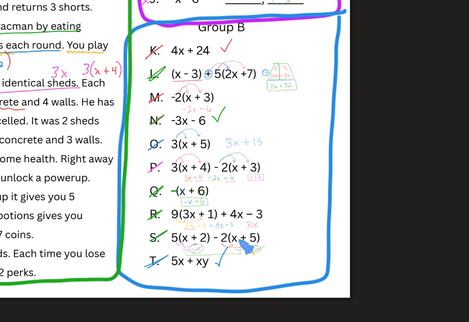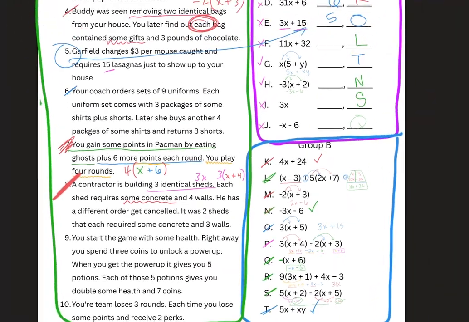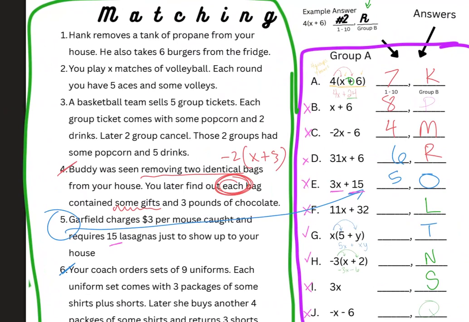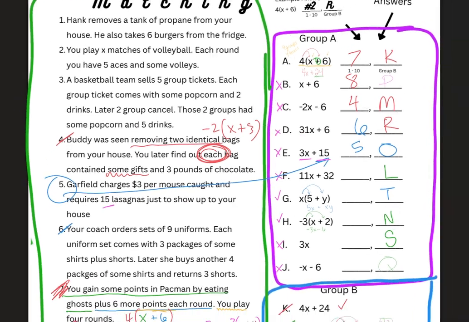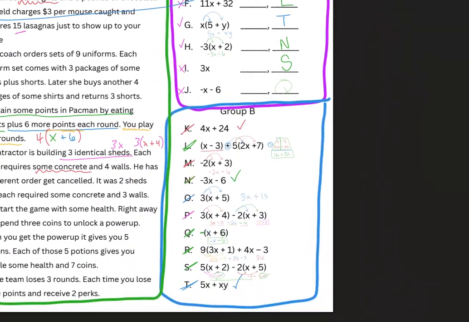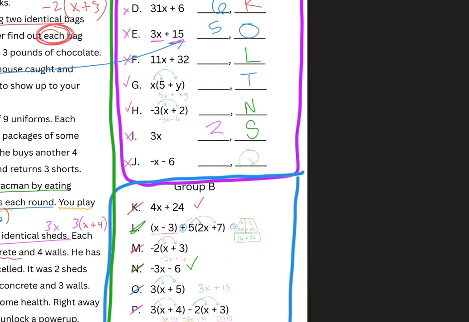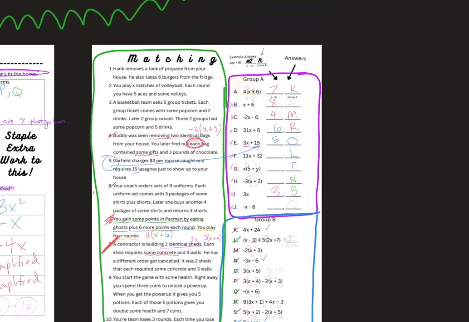So let's see if they're about to remove 2 things. If we go look at this, later 2 groups cancel. Those 2 groups had some popcorn and 5 drinks. So check that out. 3 goes with S. So find S up here. There's 3 right there. So we went a little bit out of order, but that's kind of how these matching ones go sometimes.